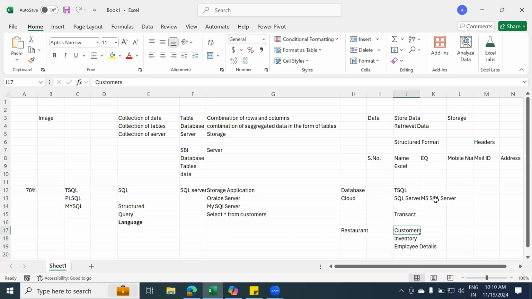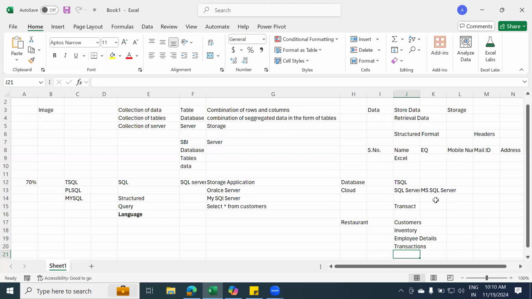Can you guys help me? Where do I store all these details? And my transactions, very, very important. If you take a small business, these are quite common details we need to have. So I have these four pieces of information: customer details, inventory, employee details, and transactions. Can you suggest a way where I can store this?